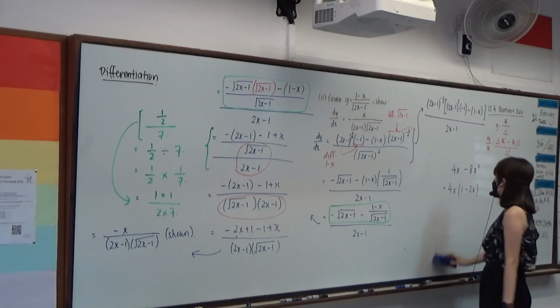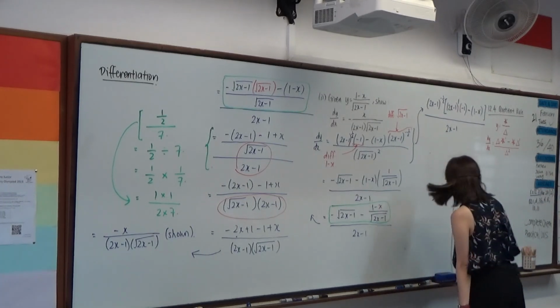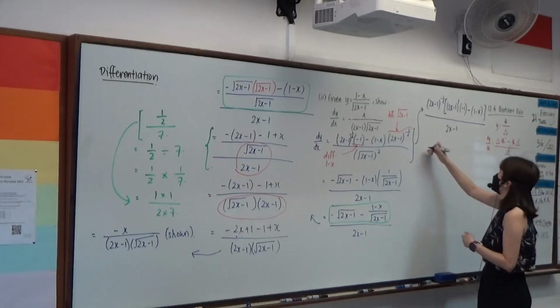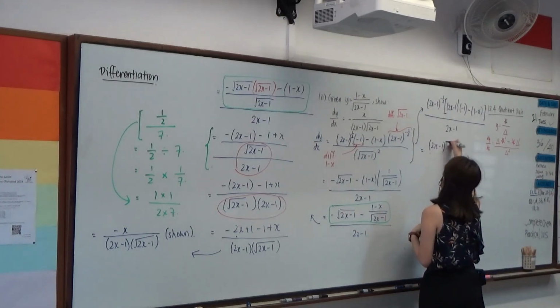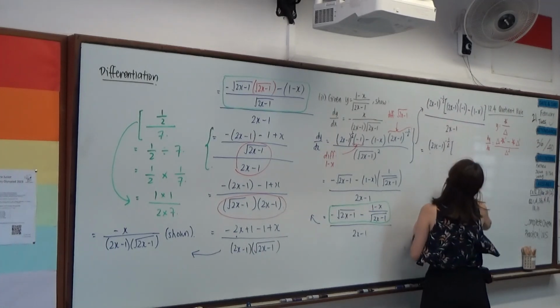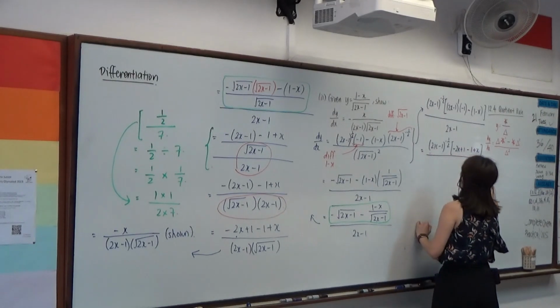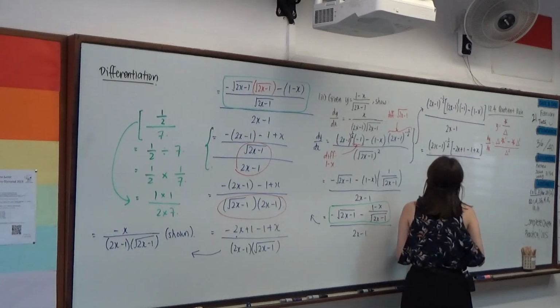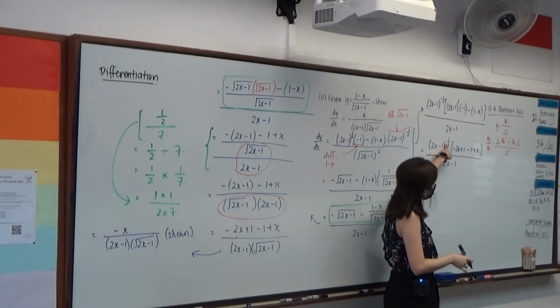So from here onwards, what we do next is let's simplify the things inside the square brackets first. So 2x minus 1 times negative 1, we have negative 2x plus 1, minus 1 plus x. Then denominator is 2x minus 1. This one is power negative half.